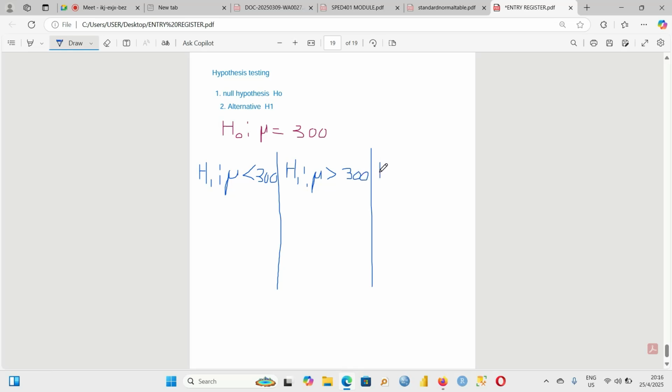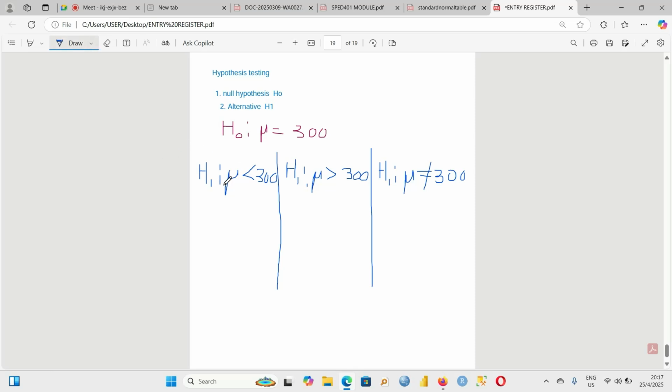Or one can say your mean salary is not equal to 300, mu is not equal to 300. So when I state that my salary is 300, we can reject that statement in 3 different ways: mu less than 300, mu greater than 300, or mu not equal to 300.